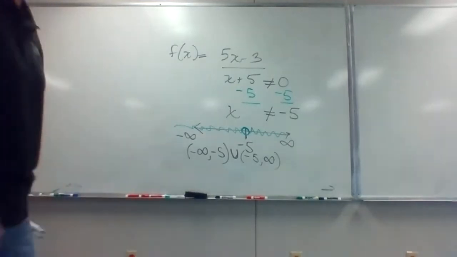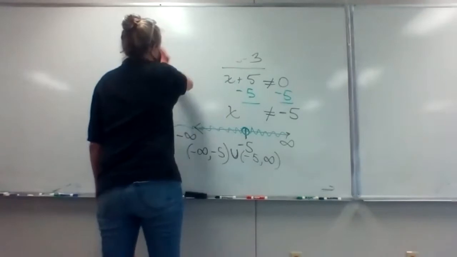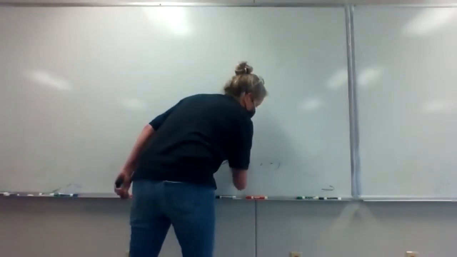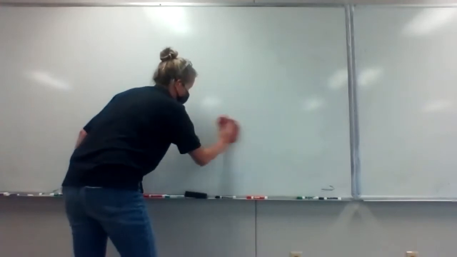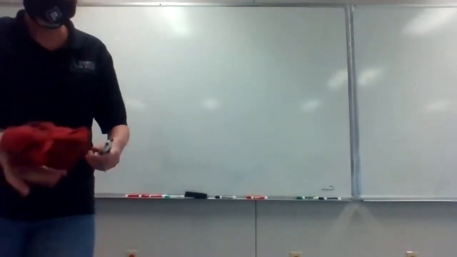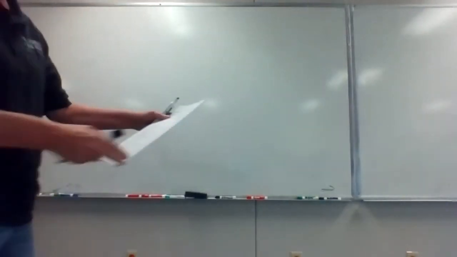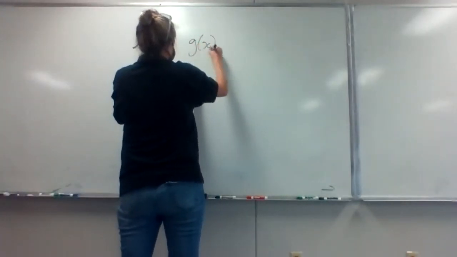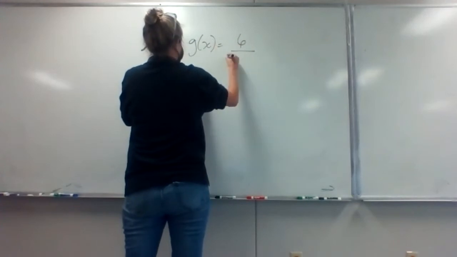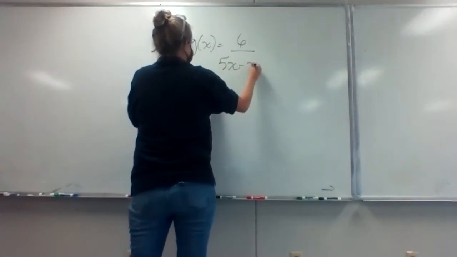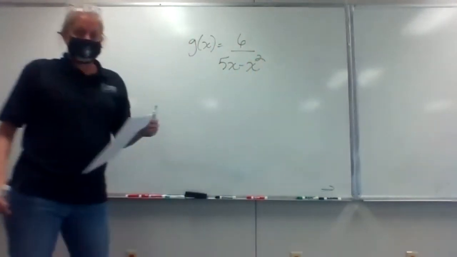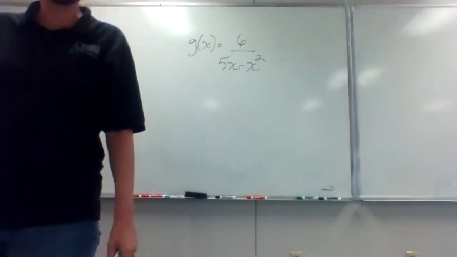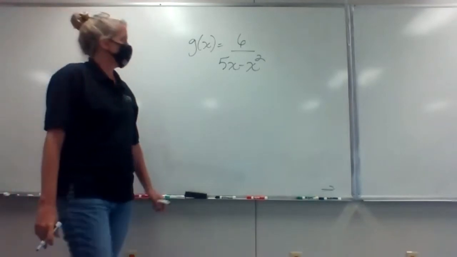All right, number 4. So g of x equals 6 over 5x minus x squared.